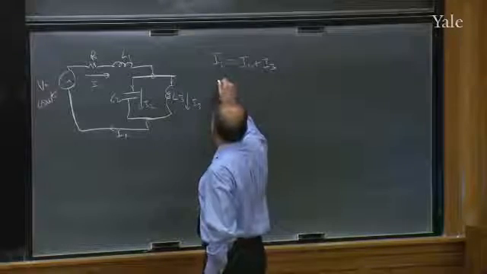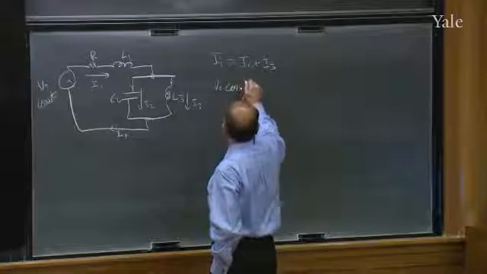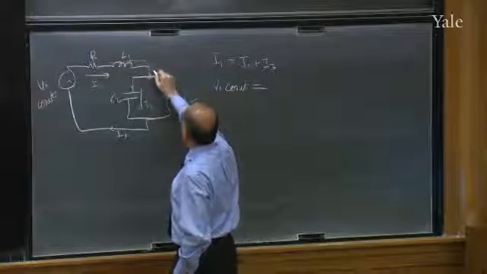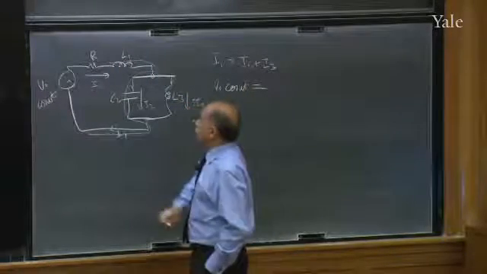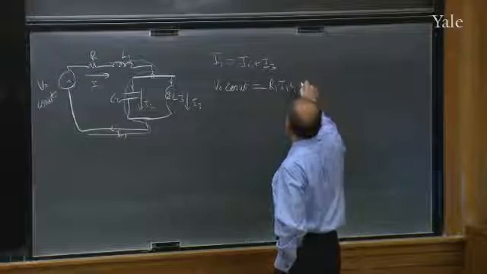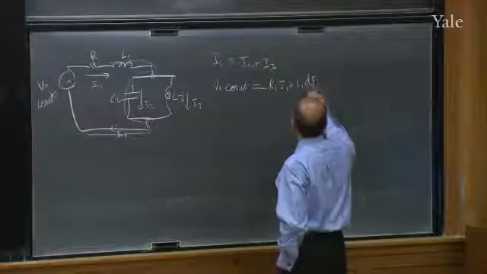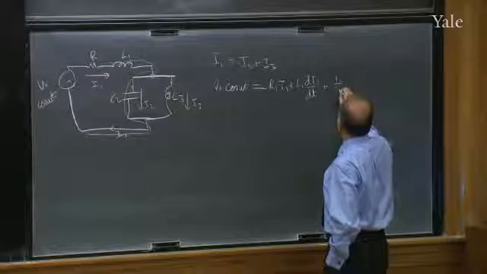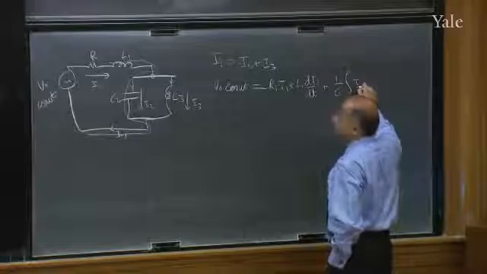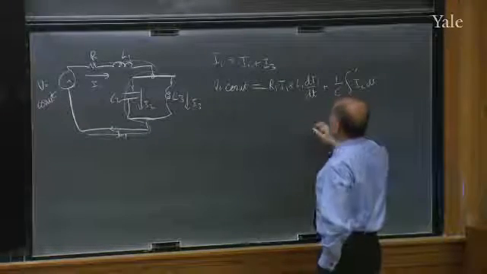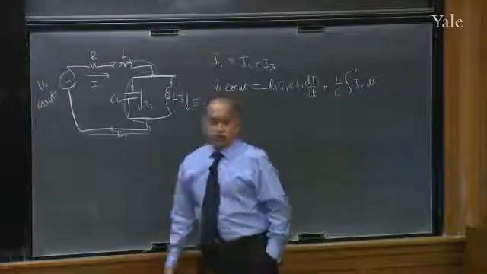The equation I would write would be V naught cos omega t is equal to, I'm going to take this loop, R1 I1 plus L1 dI1/dt plus 1 over C2 integral I2 dt prime. Back to here is 0. That's one equation.